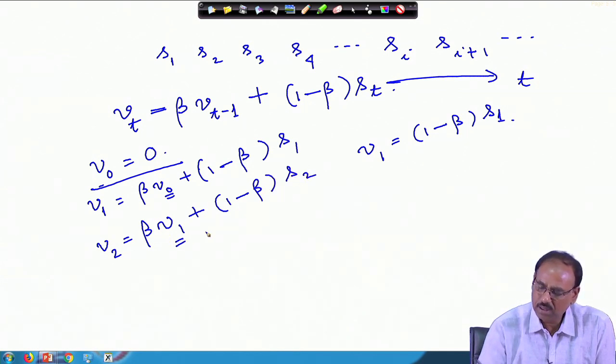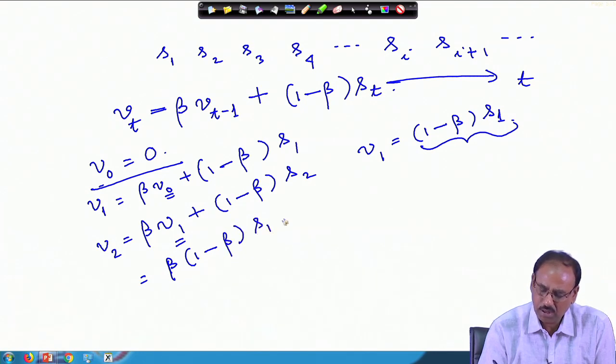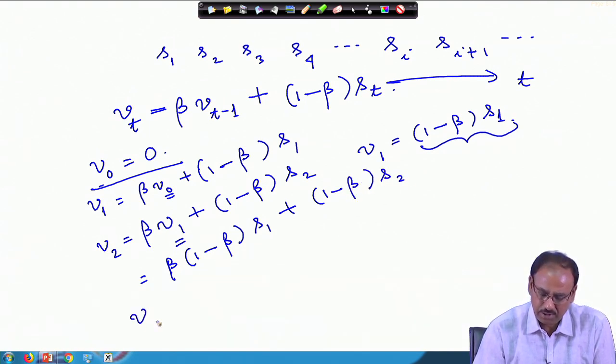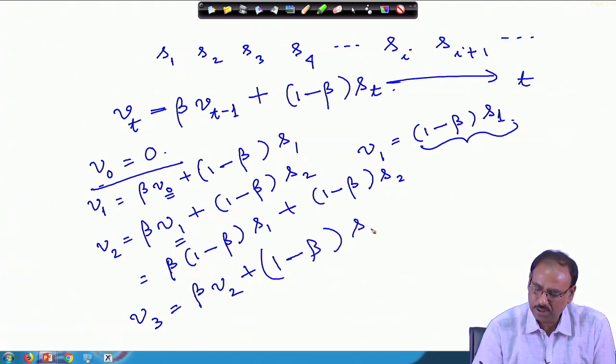And this V_1 is nothing but (1 minus beta) times S1. So this will simply be beta times (1 minus beta) times S1 plus (1 minus beta) times S2. Similarly, V_3 will be beta times V_2 plus (1 minus beta) times S3.